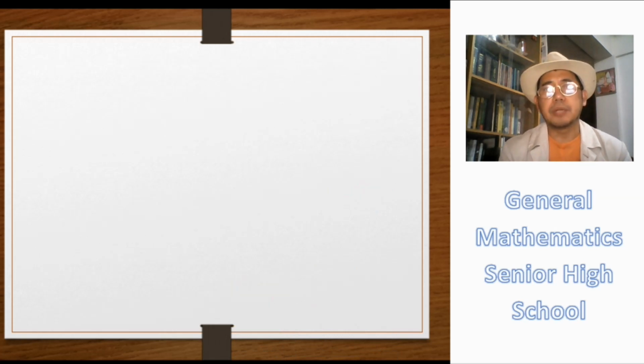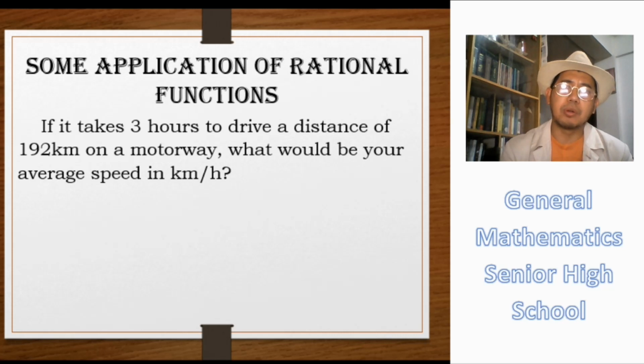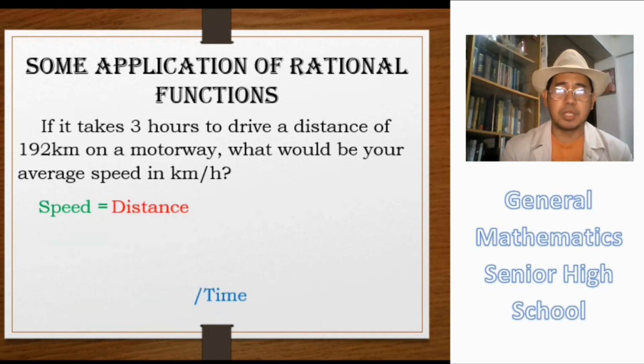Another one in here is, if it takes 3 hours to drive a distance of 192 kilometers on a motorway, what would be your average speed in kilometers per hour? So again, speed is equal to distance over time. And so how are we going to compute for the average speed?